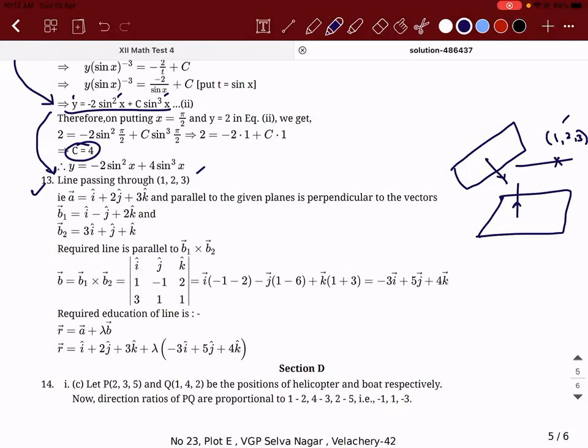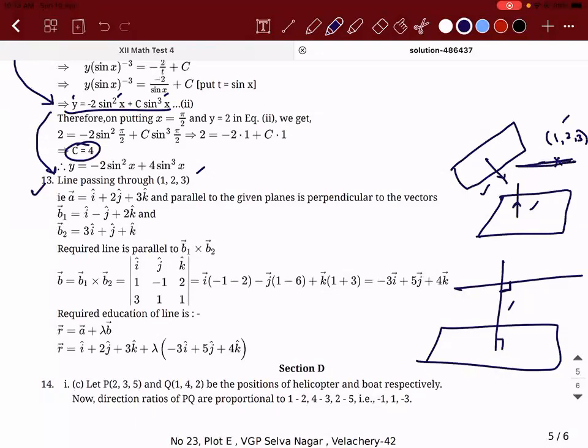Having said this, if a line is parallel to a plane, listen to this carefully: if a line is parallel to the plane, then it is perpendicular to the normal of the plane. So what I need to do is find the vector to which this line is parallel, because what is the equation of line?